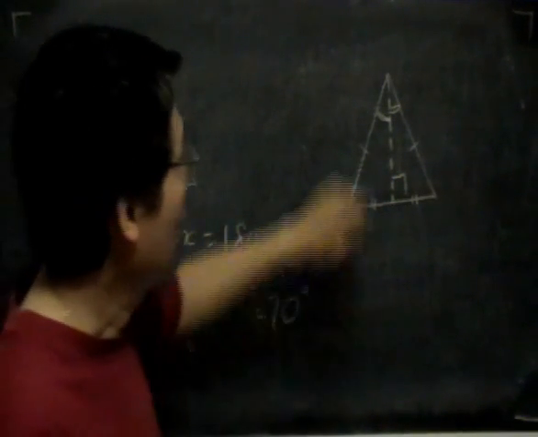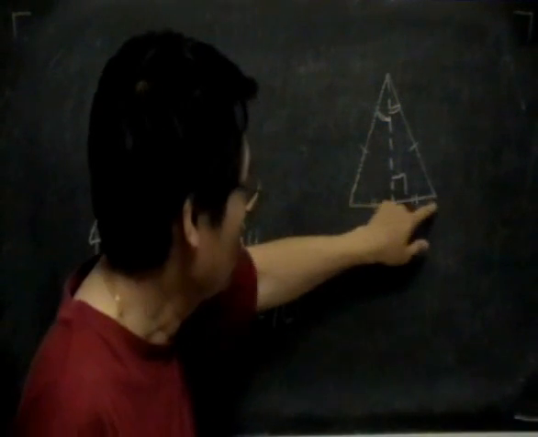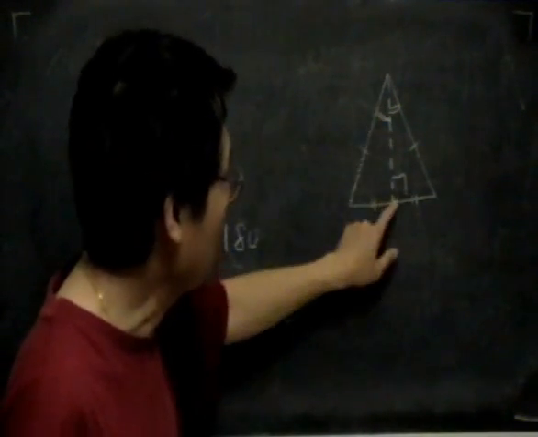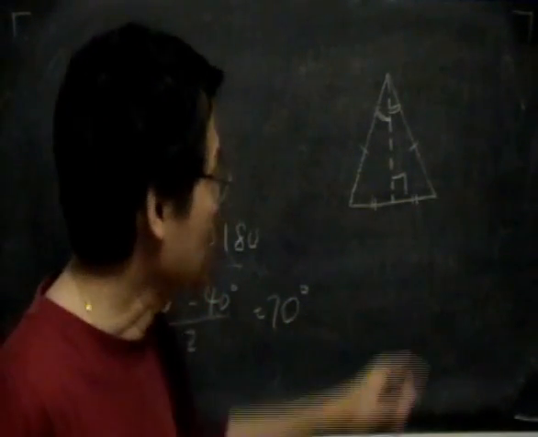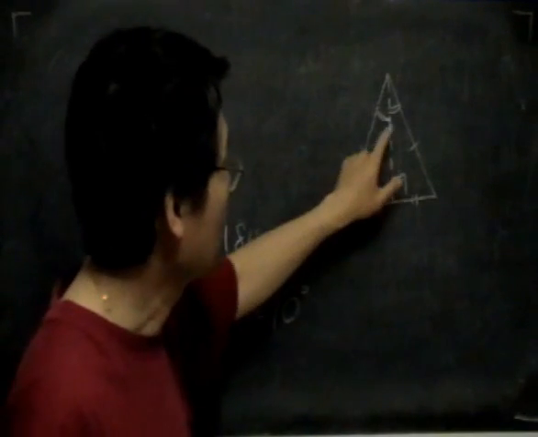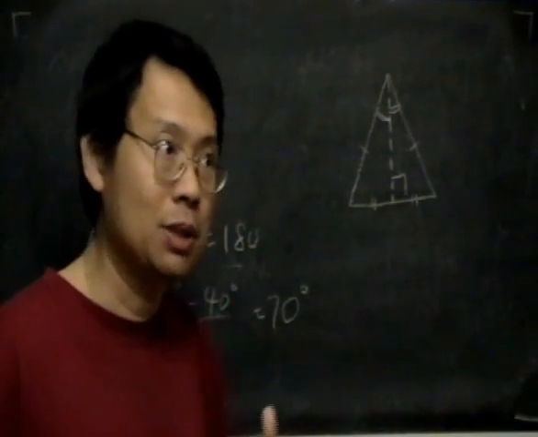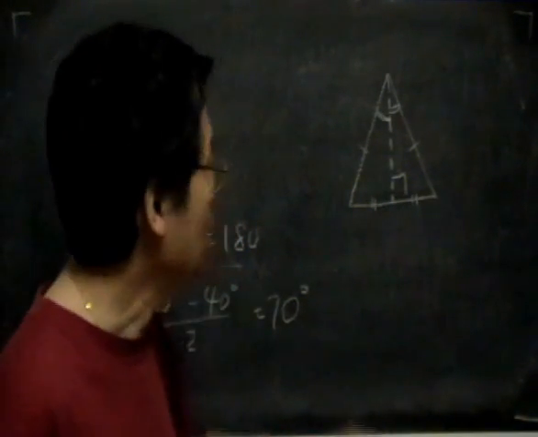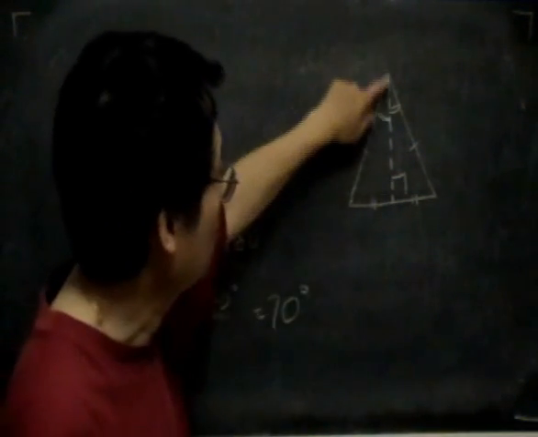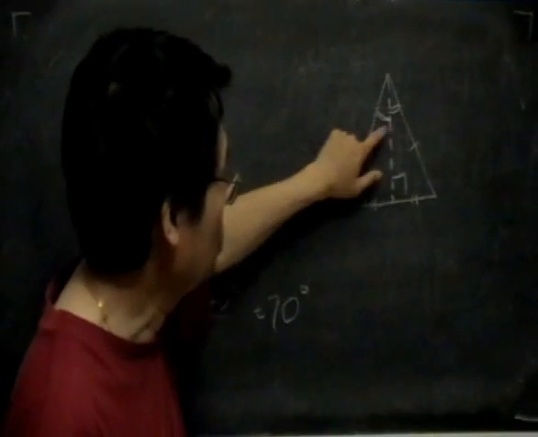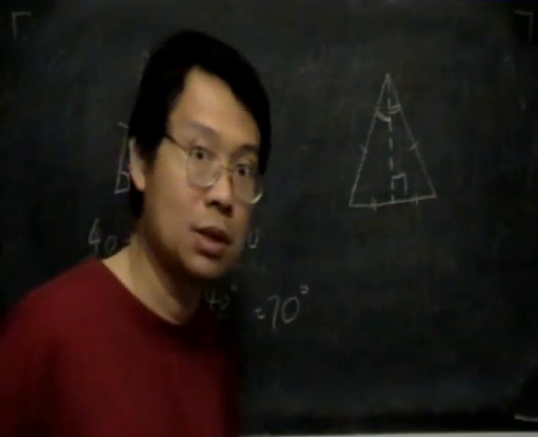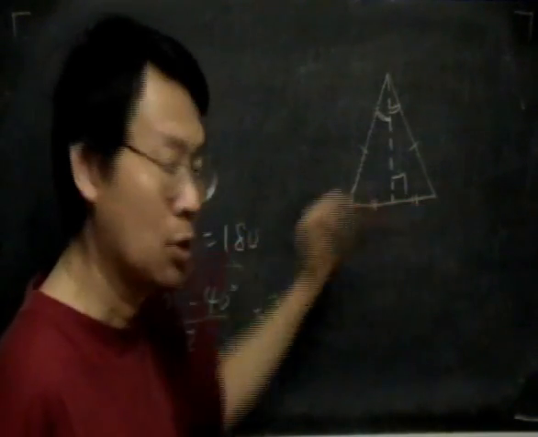So in other words, if you draw a perpendicular to this opposite side from the top corner, this perpendicular would bisect the opposite side, and it would also bisect the angles. Right? Bisect just means cut into two equal halves. So it would divide the opposite side into two equal halves, and it would divide this angle into two equal halves. So that's the next two properties, in fact. One for the angle, one for the base.